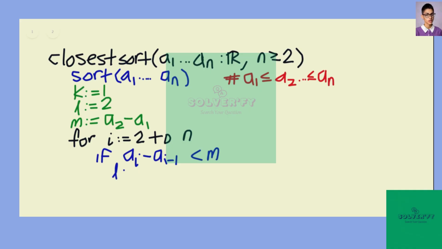So we're going to reset L will be equal to i, K will be equal to i minus 1, and then M we will set to the new closest difference of Ai minus Ai minus 1.